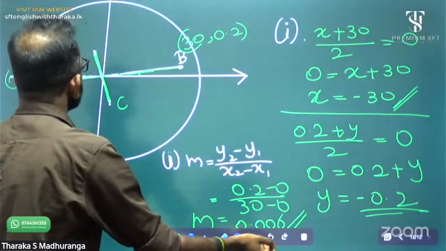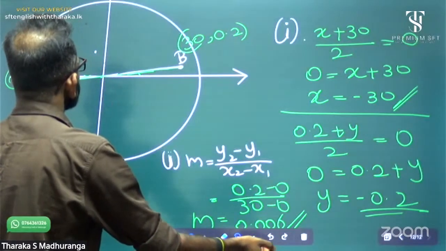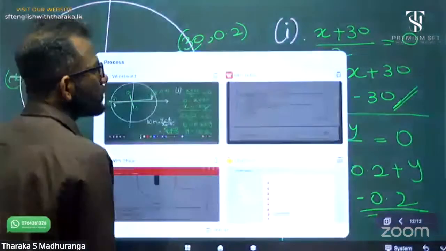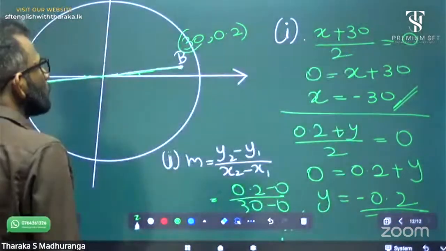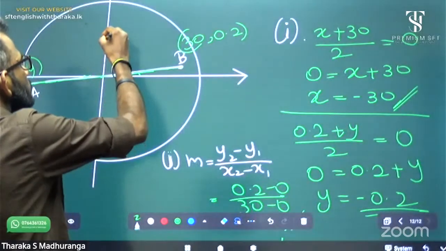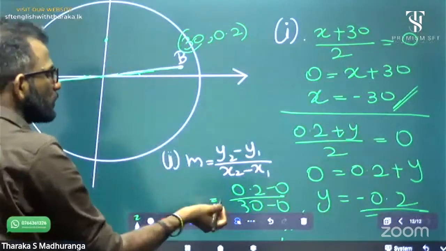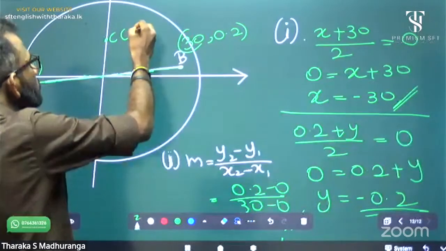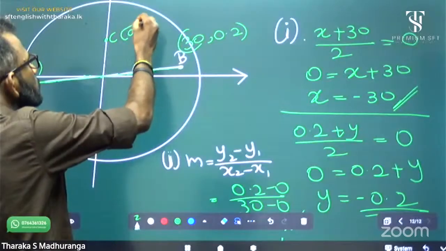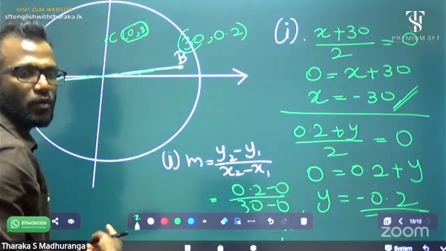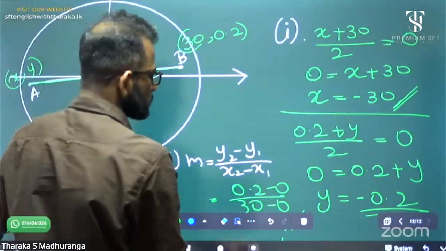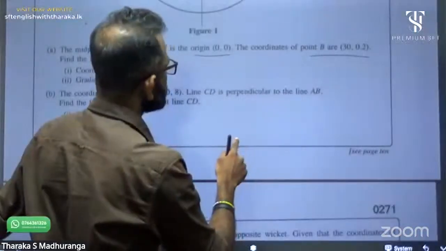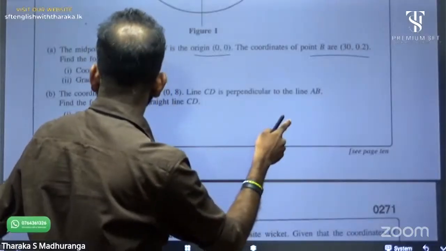First I can mark point C: x-axis 0, y-axis 8. Yes, this is one point, C. C equals (0, 8), those are the coordinates of C. Line CD is perpendicular to the line AB.